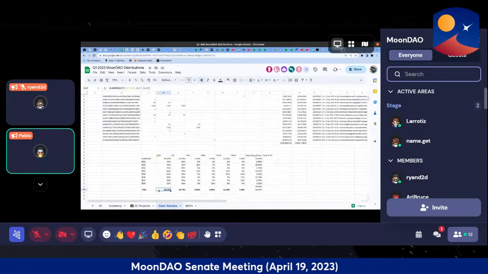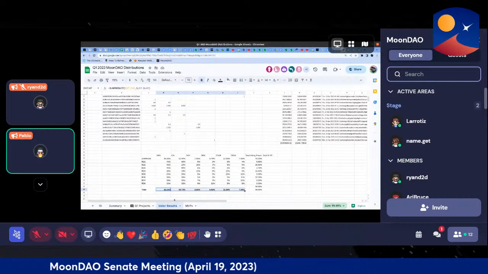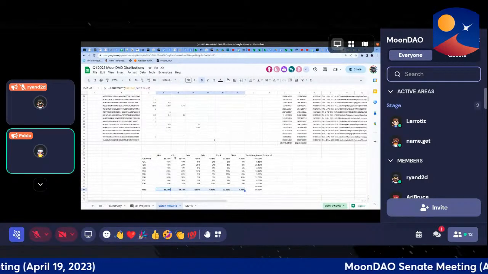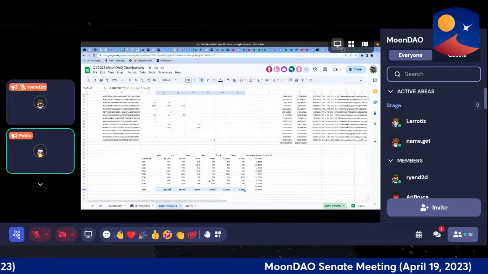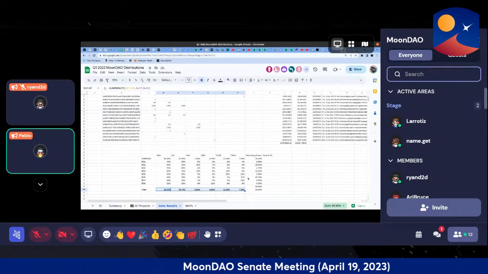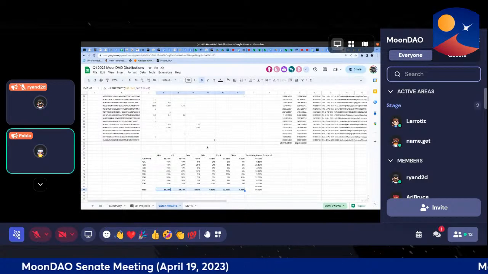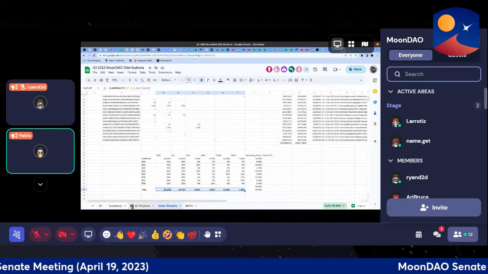So these were the final results. 36% went to Space Engineering Guild, 30% to the Community Guild, 8% to Davos, 5% to Denver, and so on and so forth. If you guys can check these results, that'd be great.